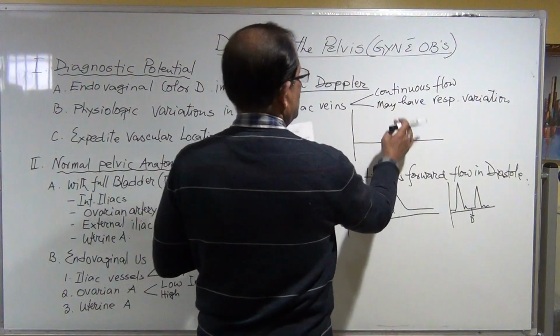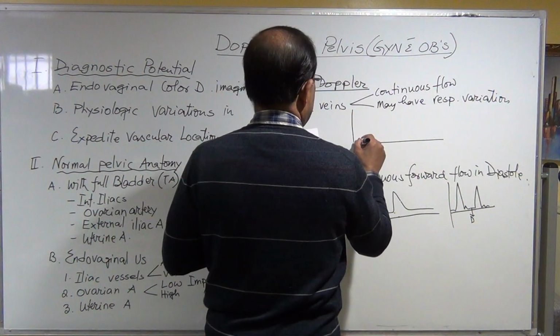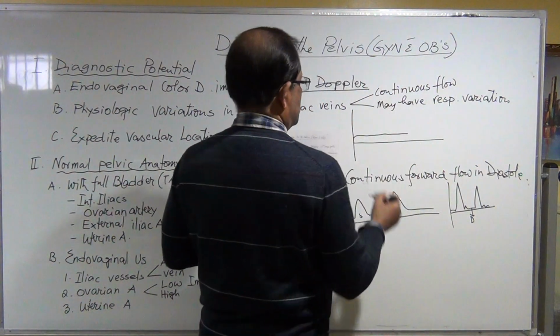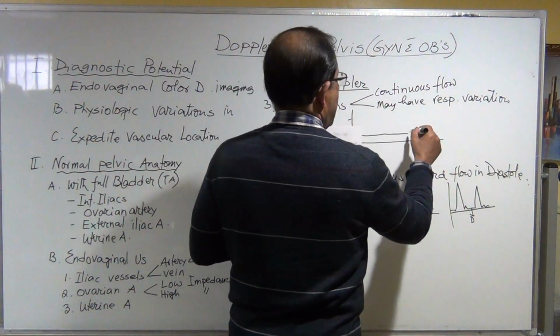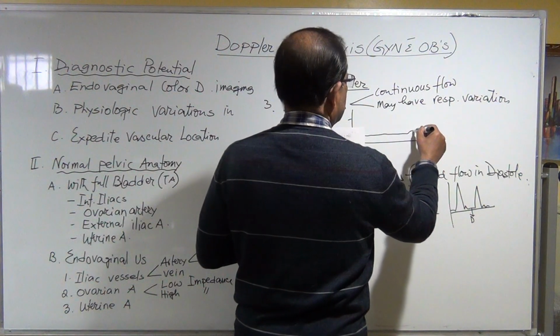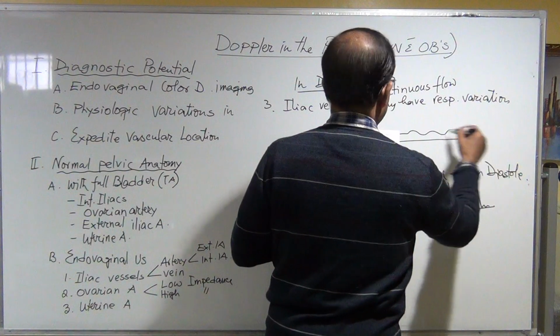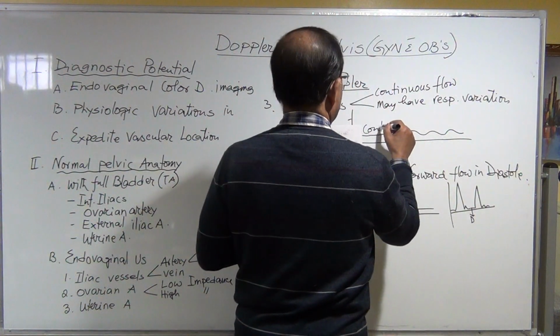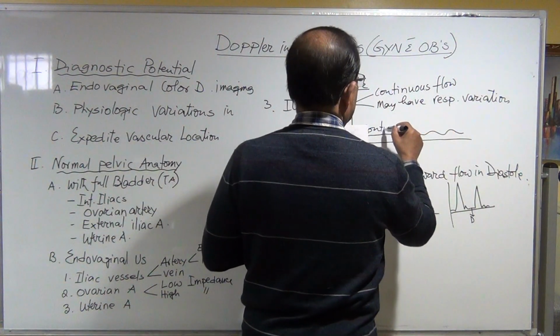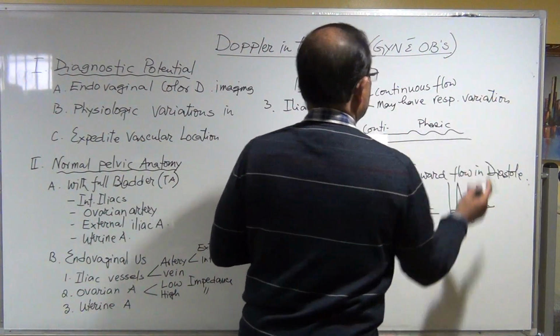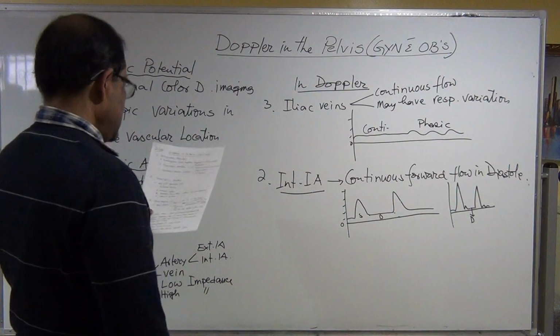Okay, I'm drawing both. So this is continuous, and with the respiratory variation, like that. This is continuous and this is phasic. Okay, this is iliac veins.